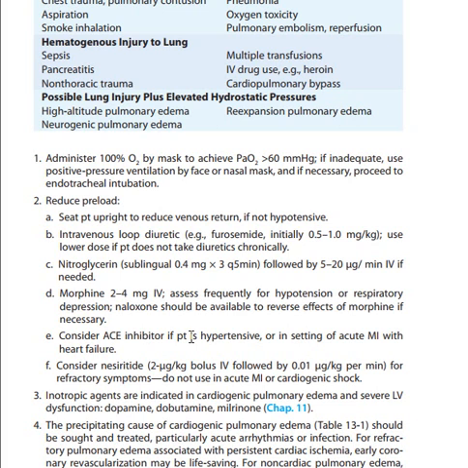So consider an ACE inhibitor if the patient is hypertensive, in the setting of acute myocardial infarction and heart failure. The ACE inhibitor is used in order to prevent excess fluid in the systemic circulation, which would be pumped into the lungs.